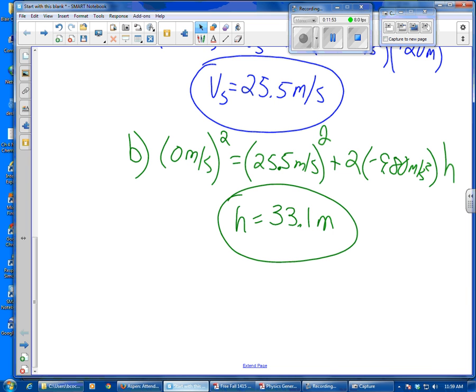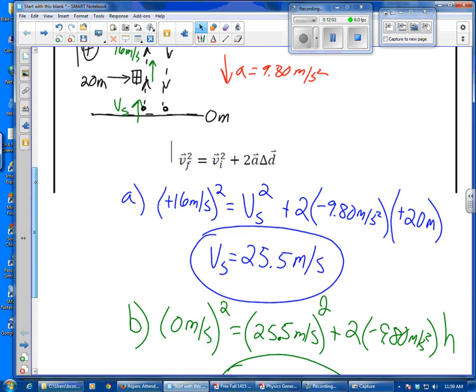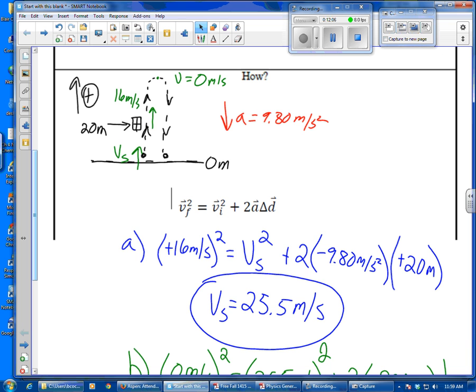The next part, part C, asks how long after it was thrown did it pass the window? Well, we know that when it went by the window, it was moving at 16 meters per second, and we know that it traveled 20 meters. We know it started moving at 25.5 meters per second.